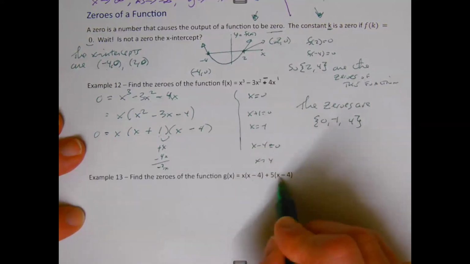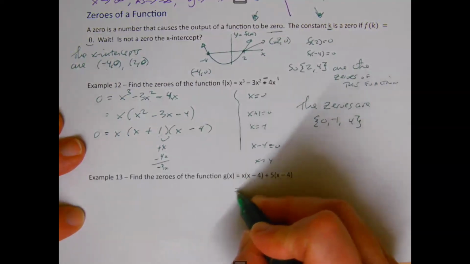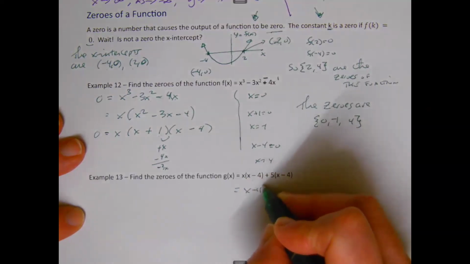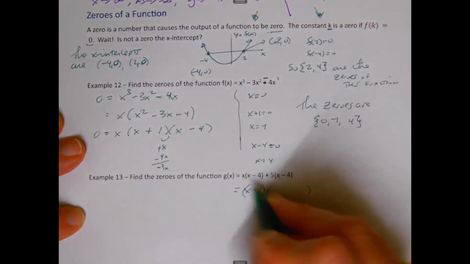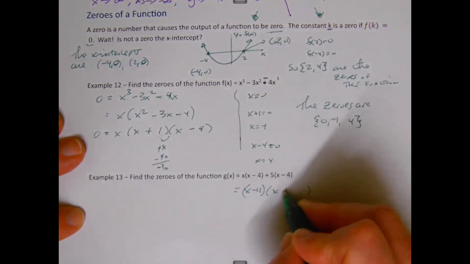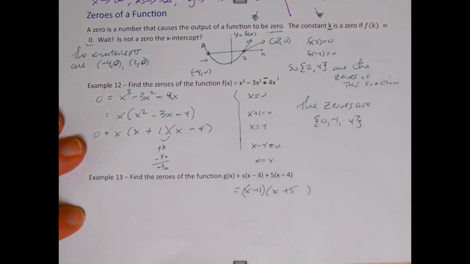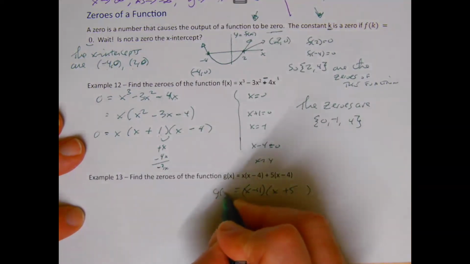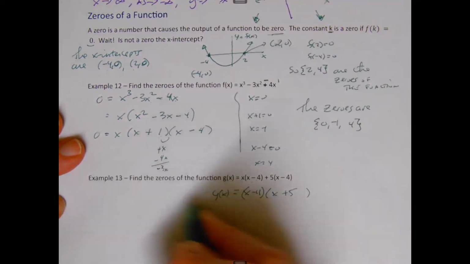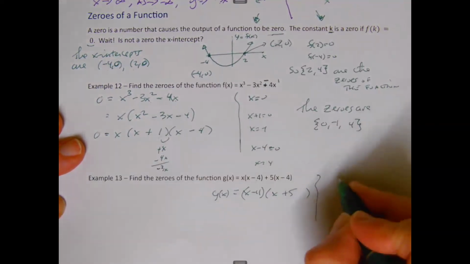I see a common factor of x minus 4, so I'll factor that out. And when I factor that out, I have x plus 5. I recognize this is a quadratic, so if I want to find the zeros, I will set this whole thing equal to 0.